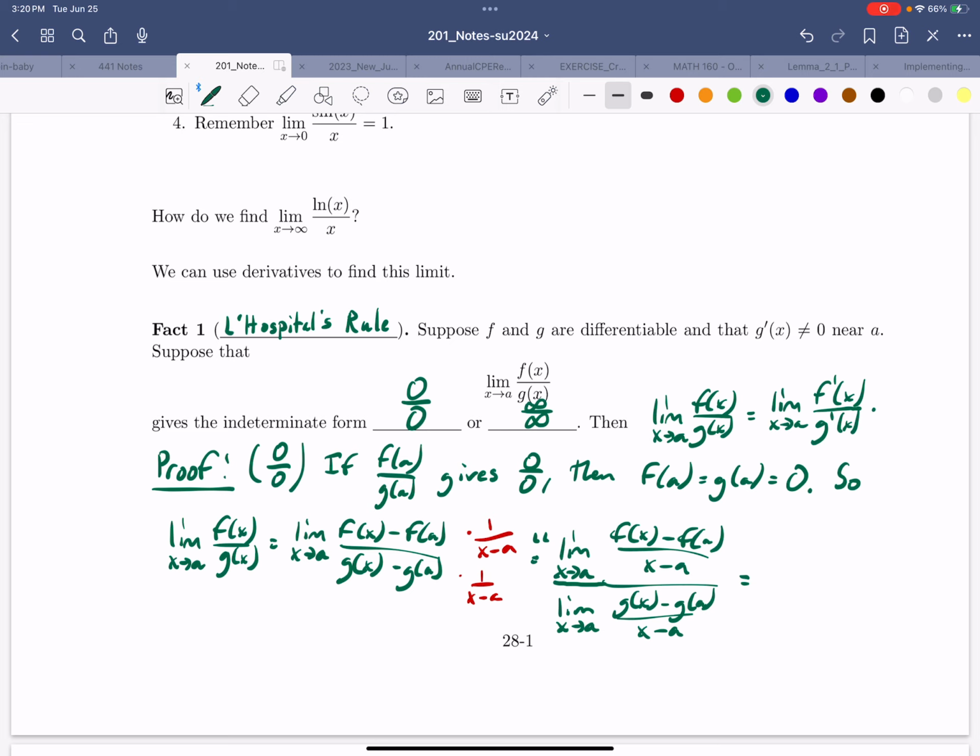So what we can say is that this is equal to the limit as x approaches a of f prime of x over g prime of x. And that is our proof.